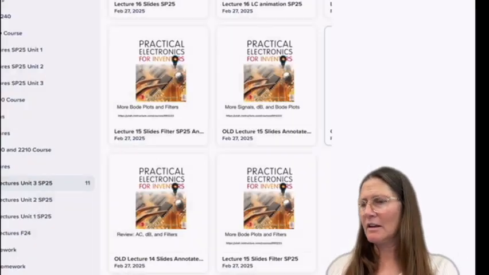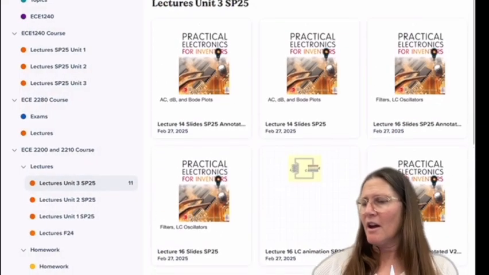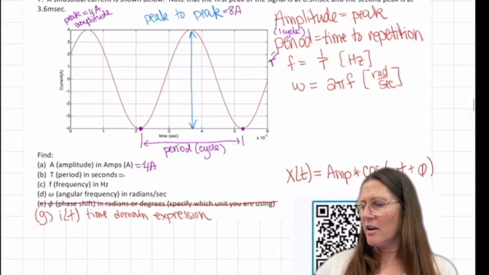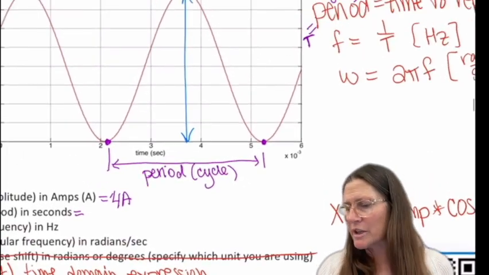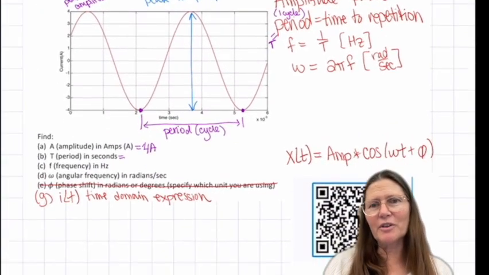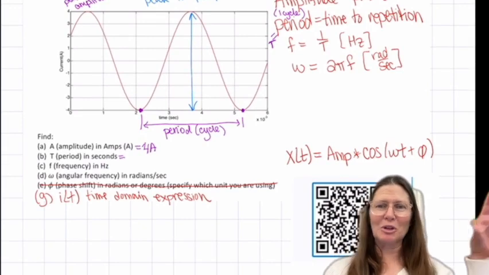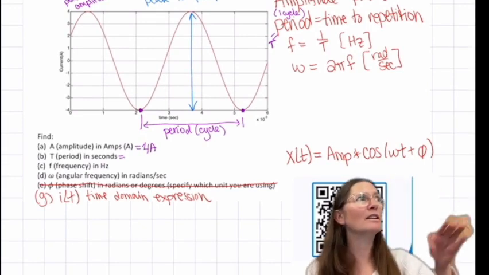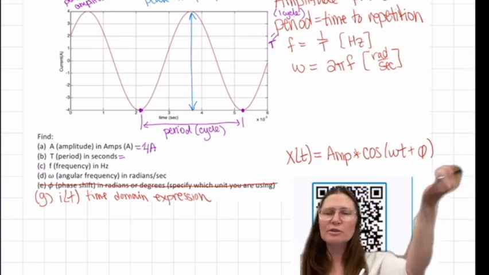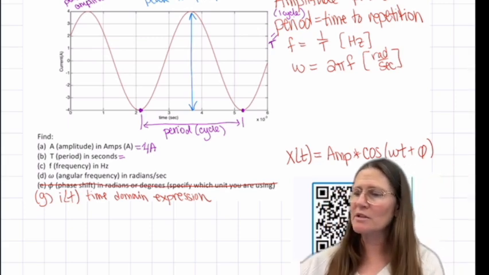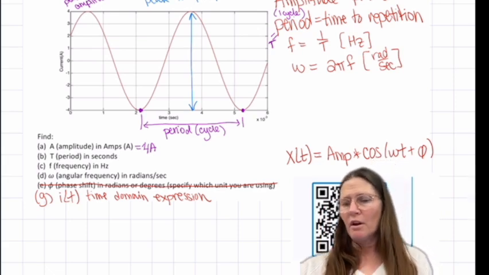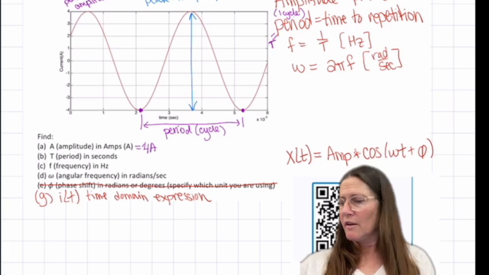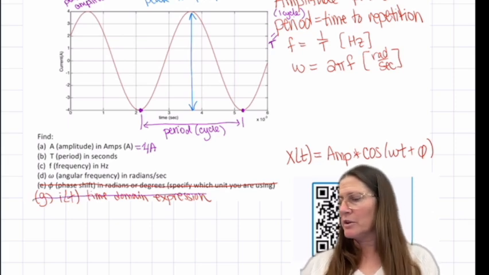This is a little harder to read, so I don't really feel like you need to be able to look at the signal and actually write these. I just want you to understand the terms. So we're not going to go into the details of the actual calculations here, so we're going to ignore these.